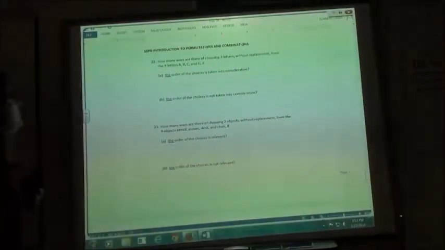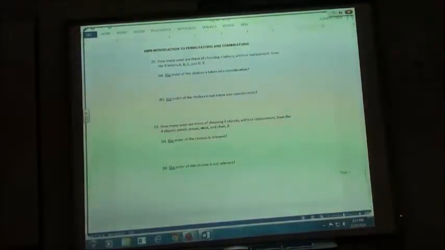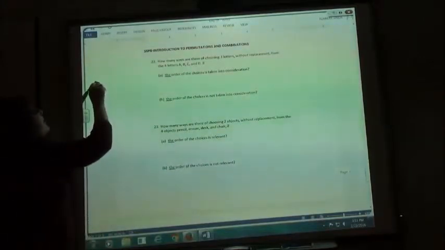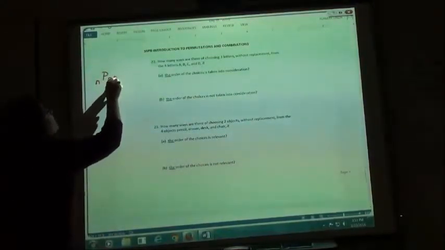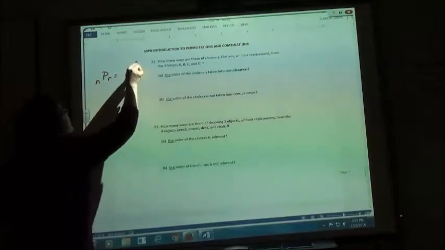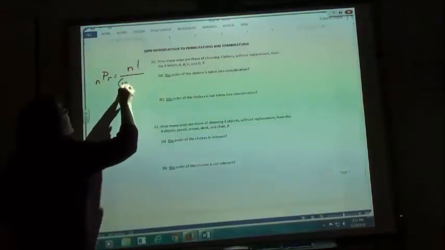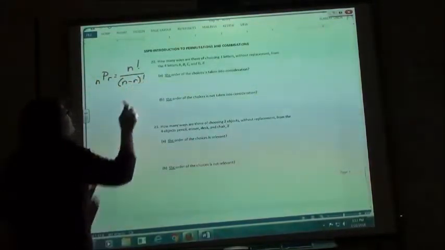We are now going to do some word problems using permutations and combinations. Again, my formula for my permutation is n factorial divided by n minus r factorial.